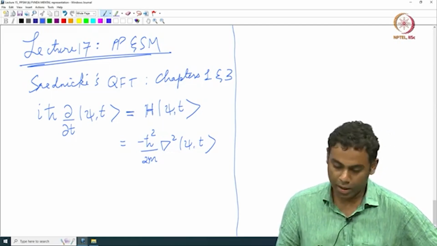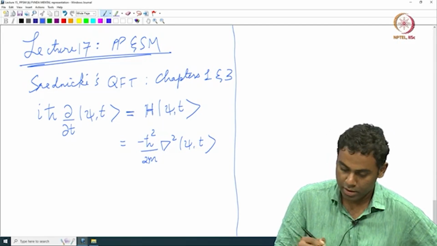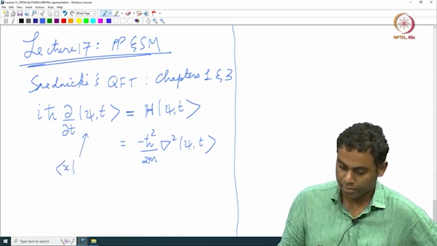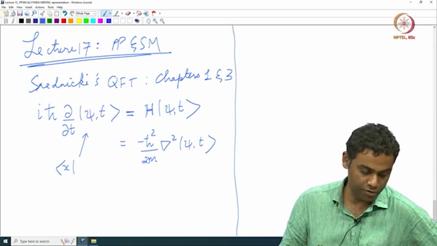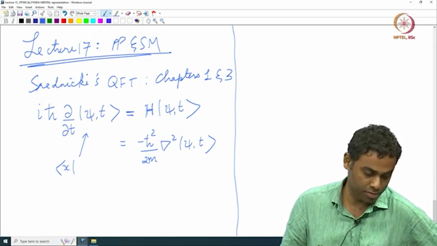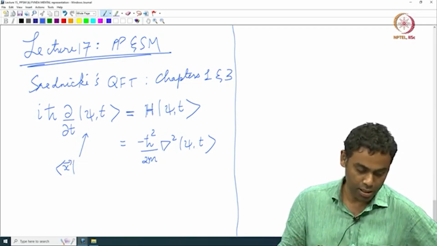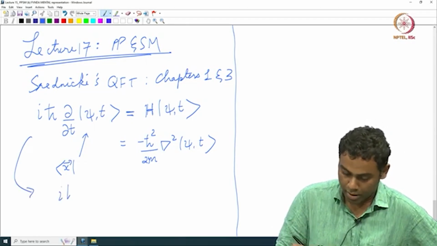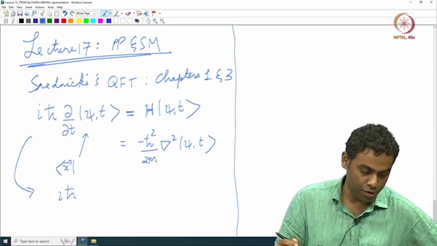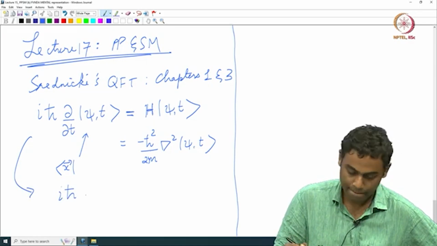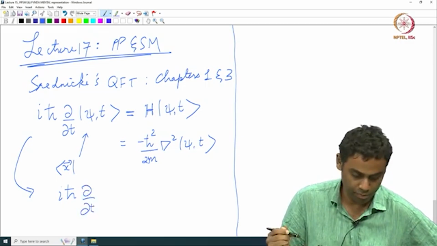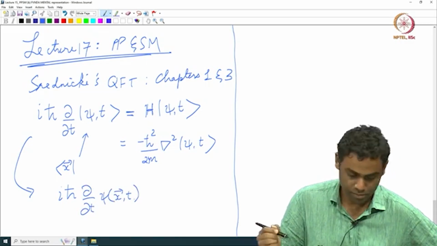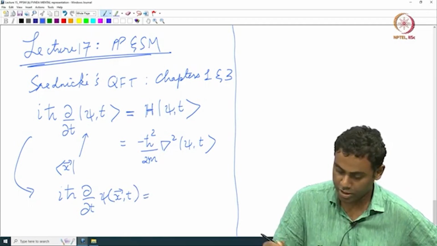Now, of course, I can now hit the state with the position bra operator, and I can now of course rewrite this as an equation on the wave function itself, agreed. So, let me do that because it becomes illustrative later on, and the wave function is just psi.